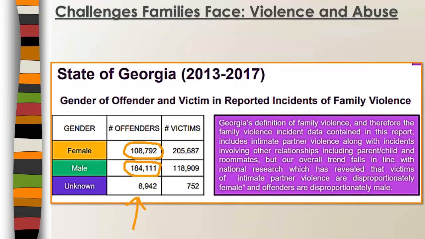Victims, about 119,000 were male victims, and about 206,000 were female victims. It says over here, Georgia's definition of family violence includes intimate partner violence along with incidents of other relationships. But the overall trend falls in line with national research, which has revealed that victims of intimate partner violence are disproportionately female and offenders are disproportionately male.